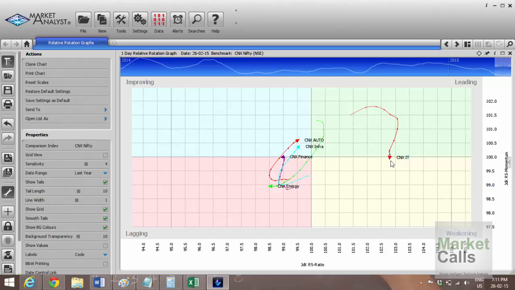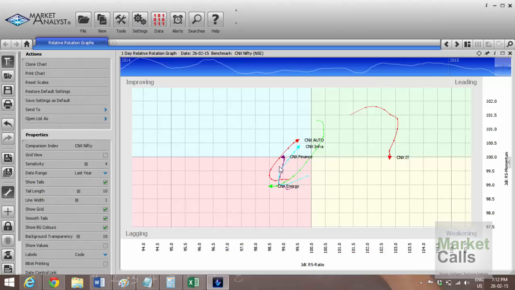This weakening quadrant talks about exiting your stock or shorting the sector. Whenever a stock comes under the weakening quadrant criteria, we can consider exiting long positions, exiting shorts, or shorting the stocks.